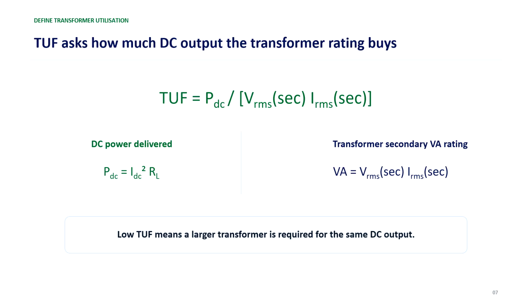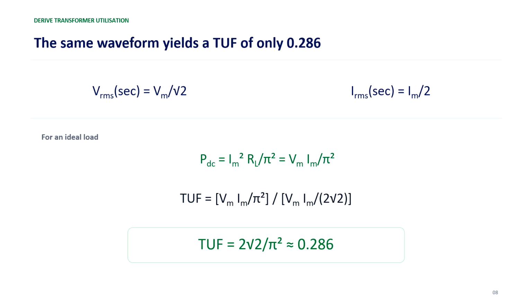The denominator is the transformer's RMS secondary voltage multiplied by its RMS secondary current. A low transformer utilization factor means that the transformer must be physically larger and more highly rated to produce a given DC output. For the transformer secondary, the RMS voltage is Vm divided by square root of 2.